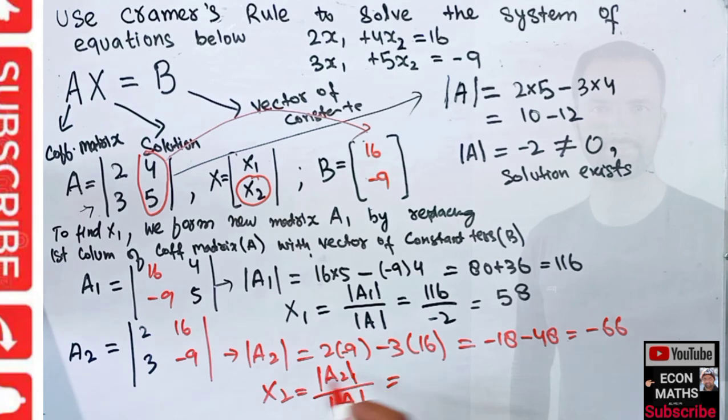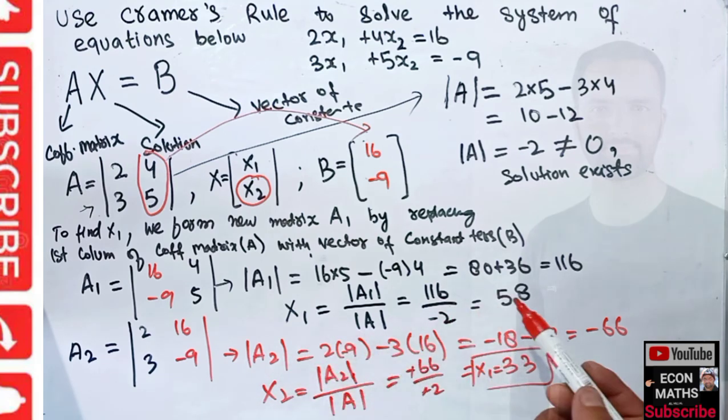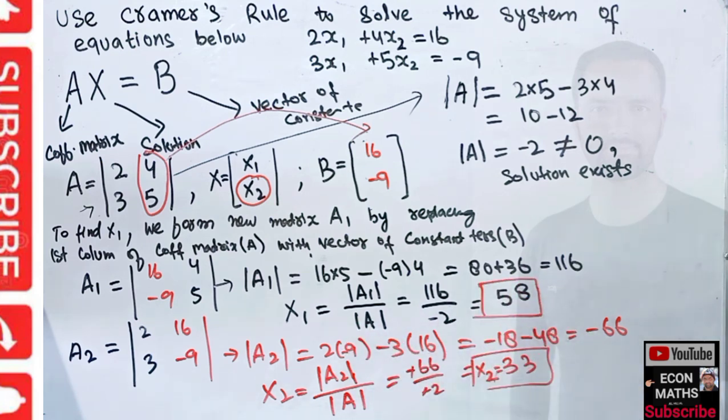So the determinant of A2 is minus 66 divided by the determinant of A, minus 2. The minus signs cancel, and we get 33. So x1 is equal to minus 58, and x2 is equal to 33. I hope I make myself clear.